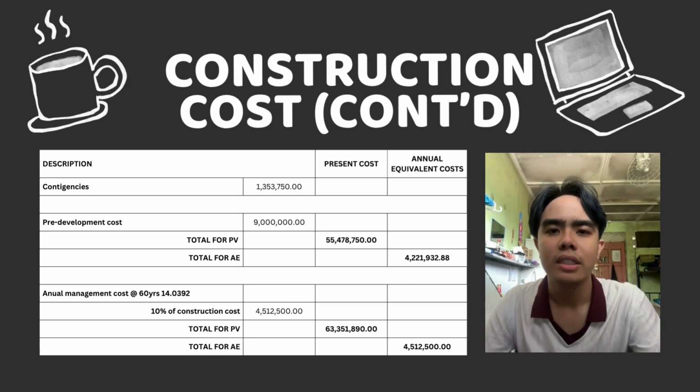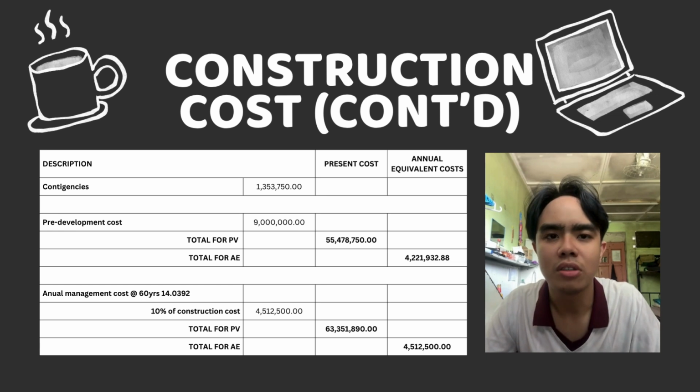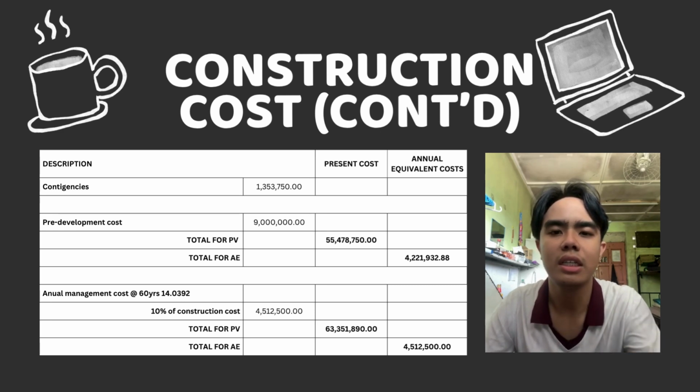According to this question, the annual management cost is 10% of the construction cost. As I mentioned just now, the total construction cost used is around 45 million ringgit, resulting in an annual management cost of around 4.5 million ringgit per year.